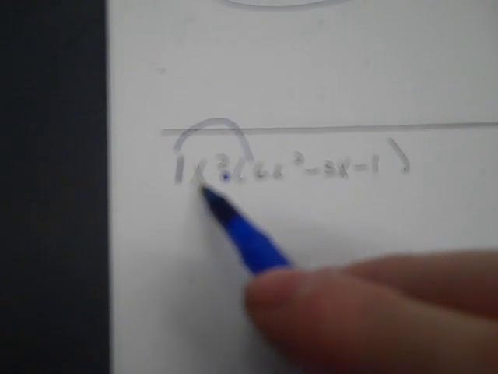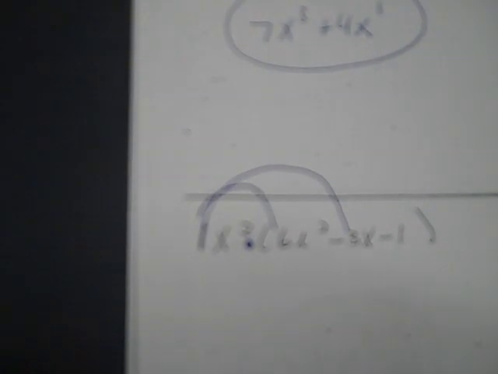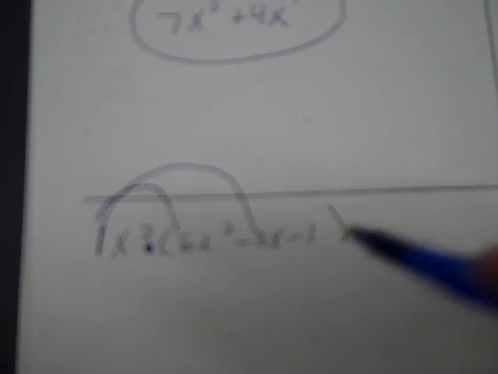I distribute 1 to 6, so it's 1x to the second times 6x to the second. Okay, now I go back to the 1 and I distribute it to the negative 3. So it's 1x to the second times negative 3x. You got to get the 3 as a negative.